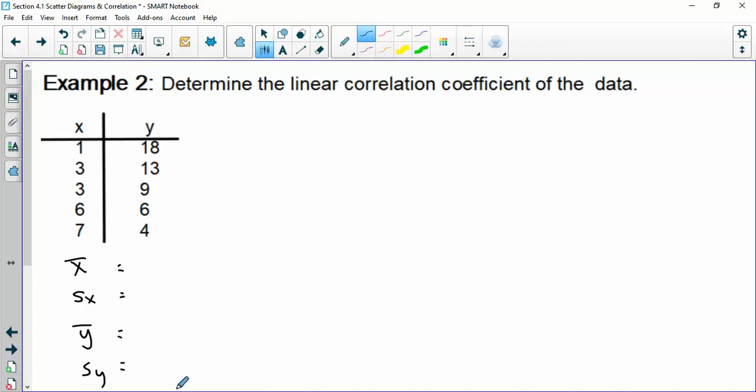If you want to go to your calculator, stat edit, enter these points.